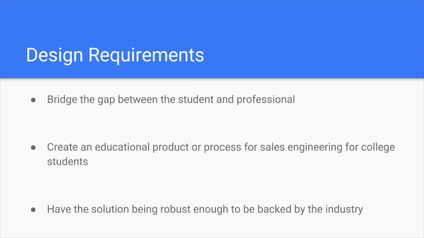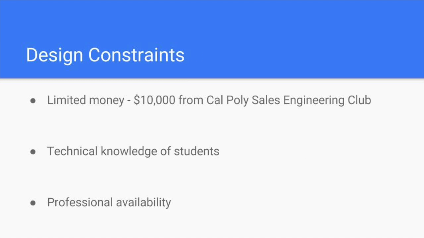The main thing here was just to give students an opportunity to learn. The third one was to have a solution robust enough to be backed by the industry. The main reason for this is that the industry has the knowledge and the skills, so it's important that they are behind us and can teach the students.